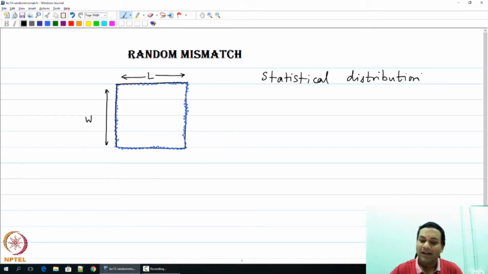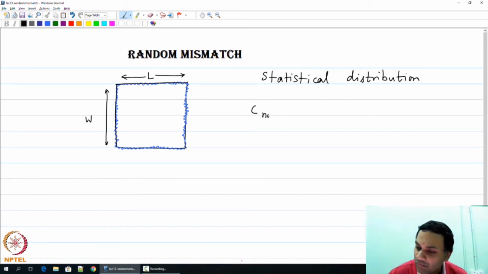Now let's come back to this example. Because this capacitor now has some variation in its edge at some microscopic level, you can talk about a nominal value of capacitance which depends on the area of the plate.